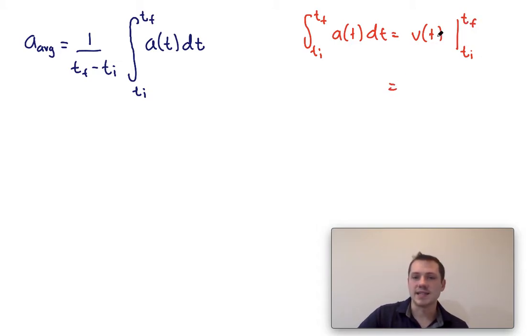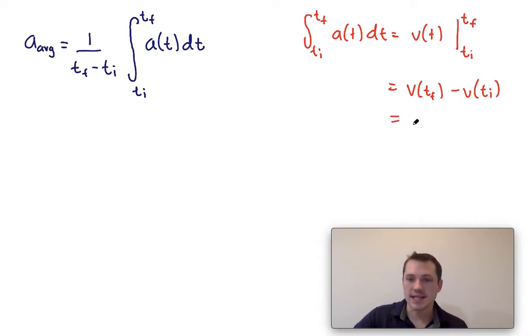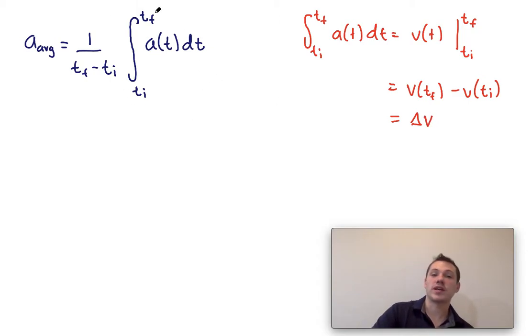Plugging in, we would have v of t final minus v of t initial. And the change in velocity at the end versus the beginning just ends up giving us delta v. So once again, this whole integral has just turned into delta v.